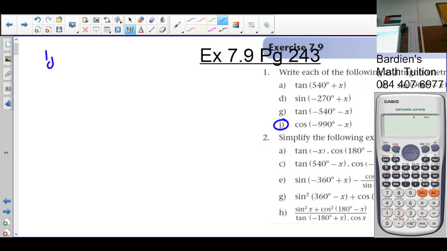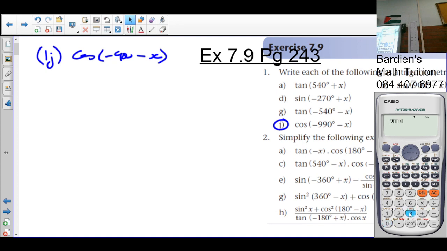Number 1, J. So you got cos(negative 900 minus x). What do I do? Add 360. So it's negative 900 plus 360, which gives negative 540. Negative 540 plus 360 gives negative 180, plus 360 gives you 180... in other words, this is equivalent to cos(90 minus x).